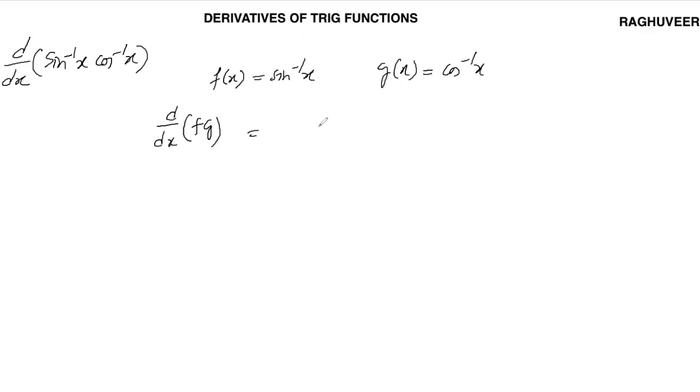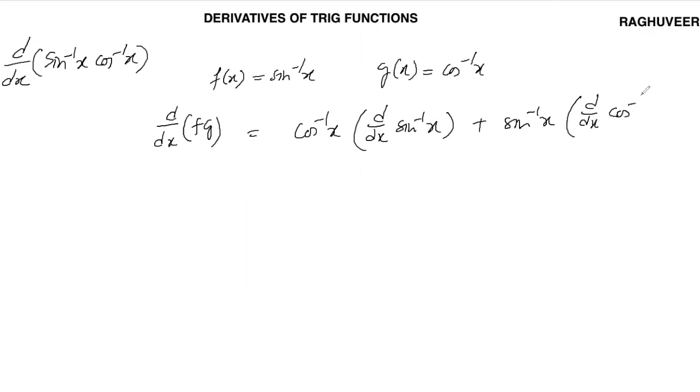That is g, which is cos inverse x, into d by dx of sine inverse x, plus sine inverse x and d by dx of cos inverse x.